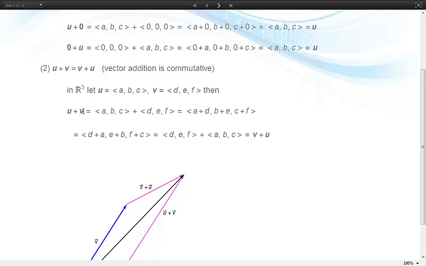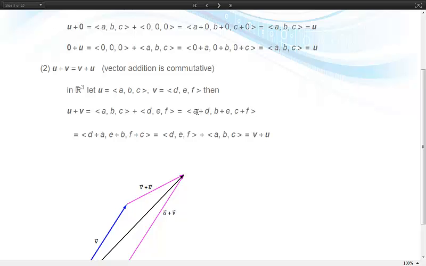Then if I literally apply the definition of vector addition, u plus v, that's the vector (a, b, c) plus the vector (d, e, f), that gives me a plus d as the first element, b plus e as the second element, c plus f as the third element. So that's that vector.